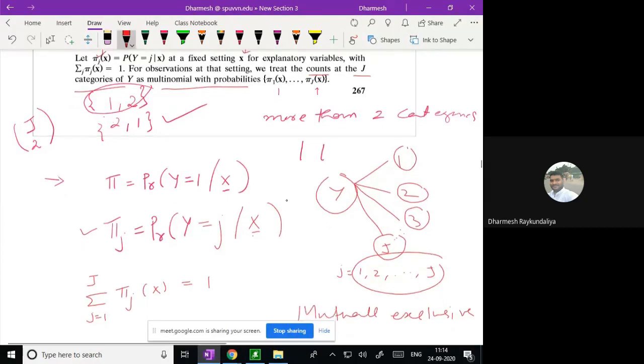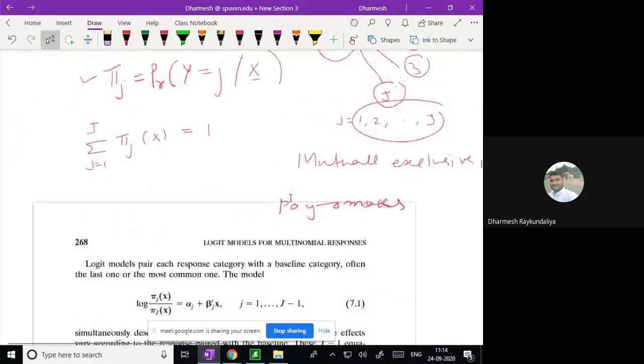It means that if y takes the response in the first category, and I denote the count as y1, then the corresponding probability is pi 1.